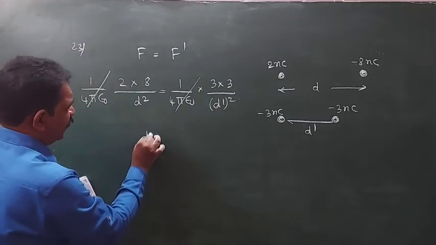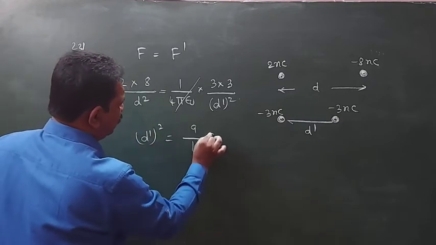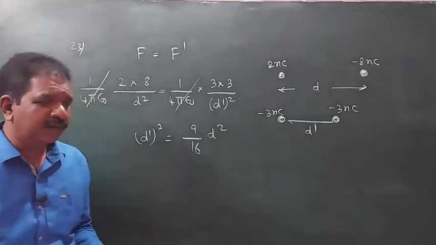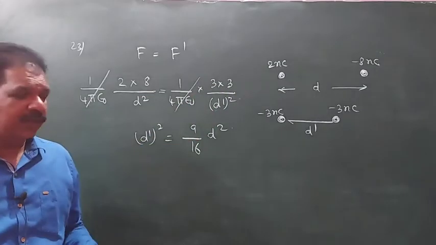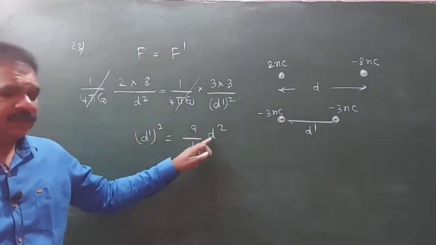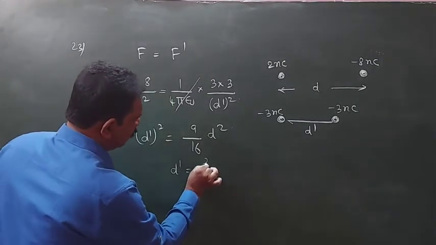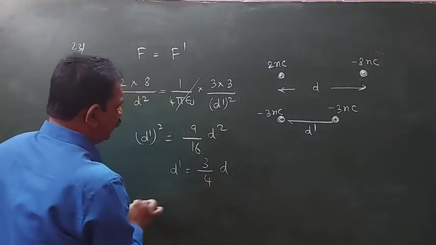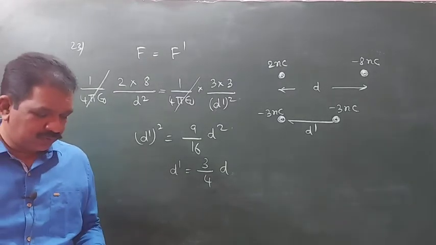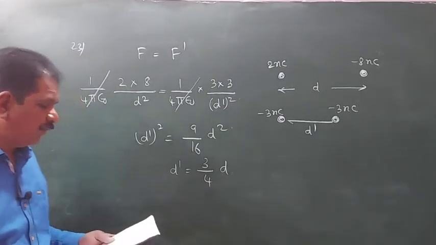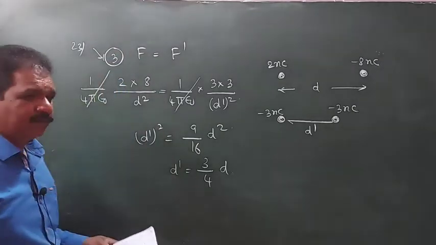Then d dash square is equal to 9 by 16 d square, isn't it? We are taking this d square to this side, this 16 to here. So 9 by 16 d square. Then d dash is equal to 3 by 4 into d. That is the new distance. So 23, it will be third option.